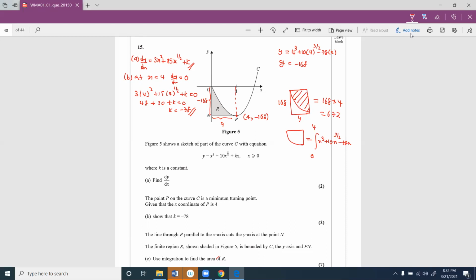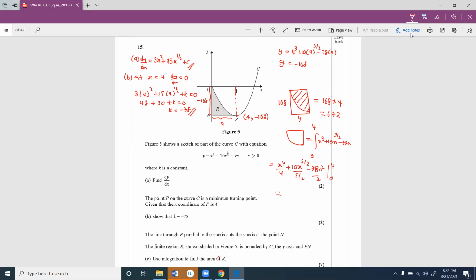So if you do this, you get x to the power 4 over 4 plus 10 x to the power 5 over 2 over 5 over 2 minus 78 x to the power 2 over 2, from 0 to 4.